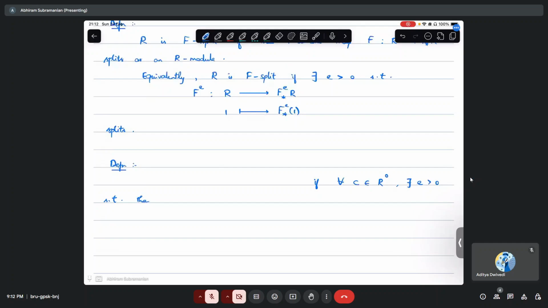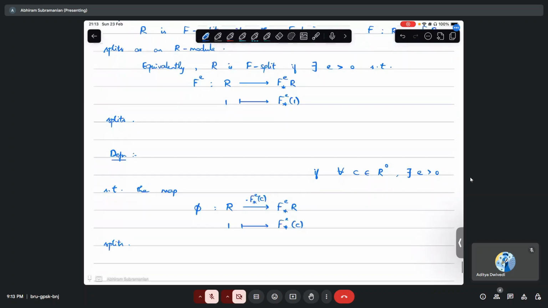So if you look at these two definitions, the definition of F-split says that for just one particular value of c, which is the unit element, the Frobenius map should split. But this is, of course, strongly F-regular.